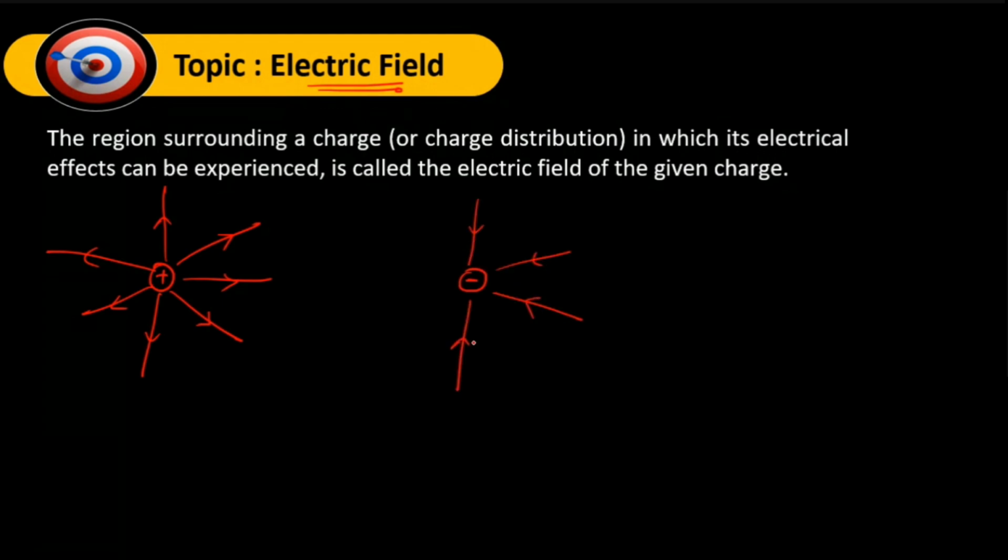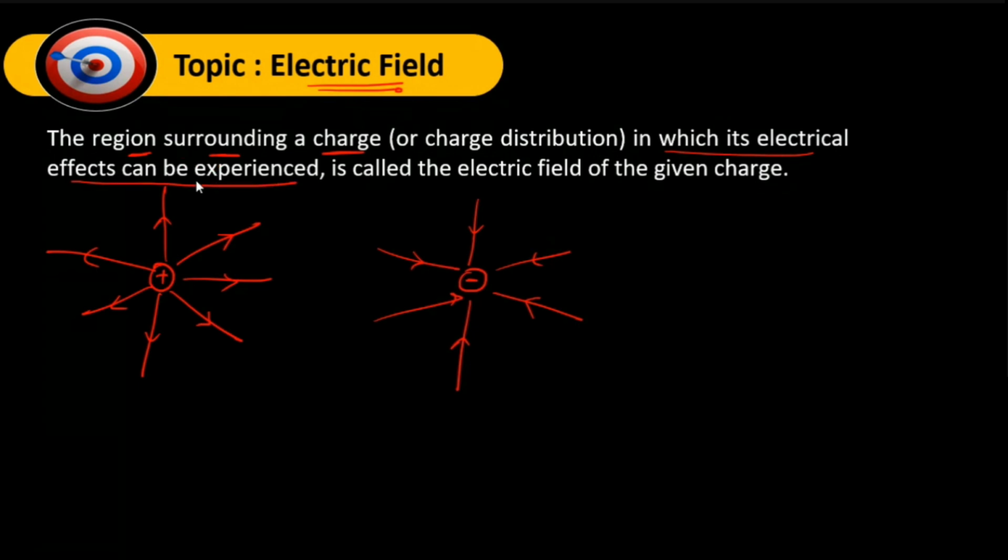Vector quantity means this is a field which must have some direction as well, along with the magnitude. That direction and magnitude both will be responsible for displacing a charge in some direction. So we define electric field as the region surrounding the charge in which its electrical effect can be experienced.